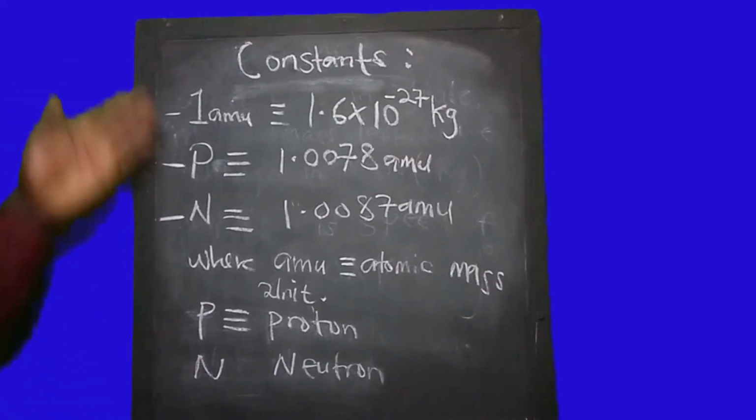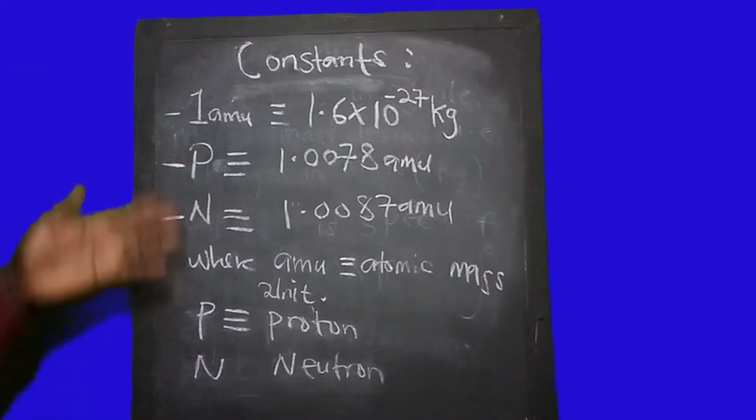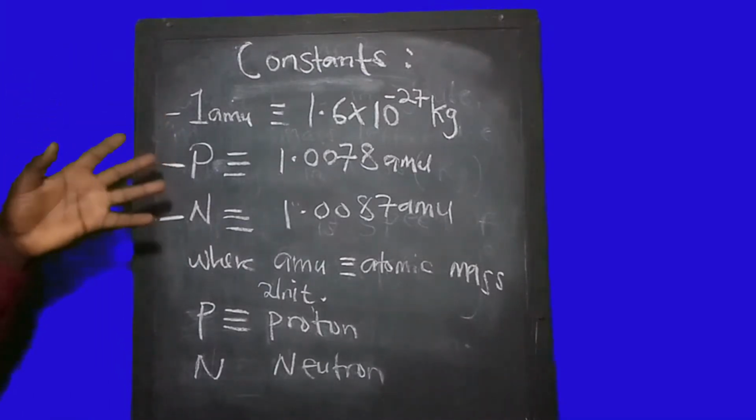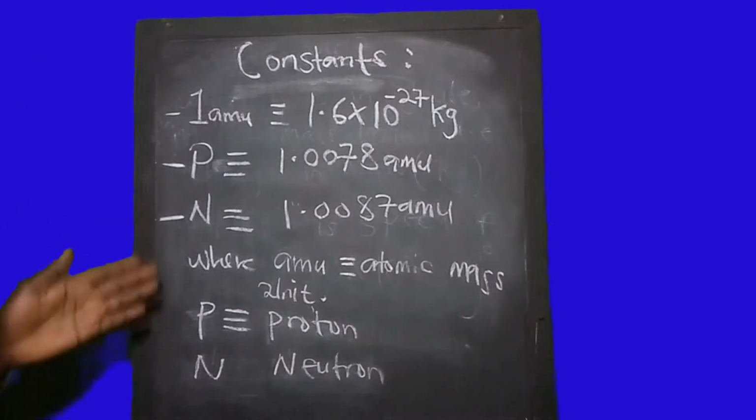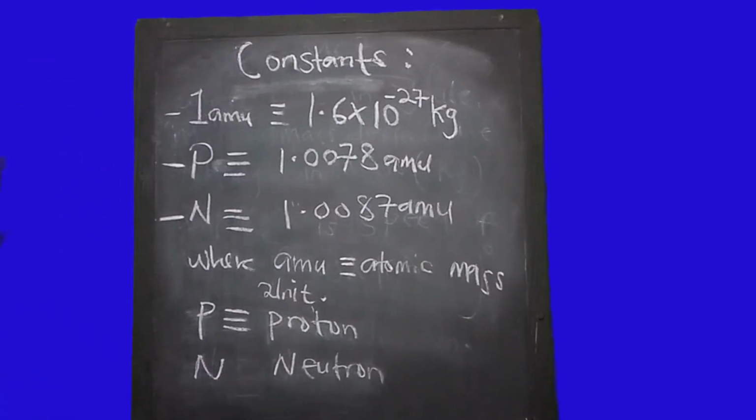So those are the constants that you must know before you work an example. We must know these constants before we can successfully work an example under binding energy. So let's go directly and work at least one example so that everybody will understand how to do an exercise. So let's move ahead.